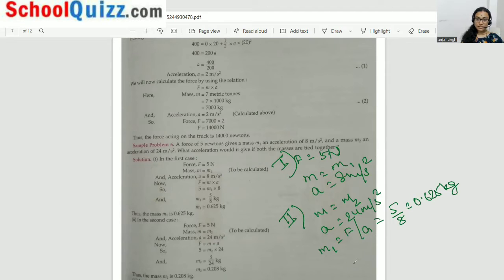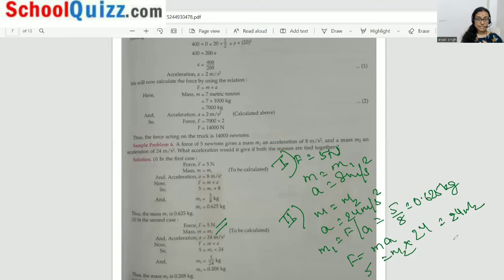Now for the second, F remains the same, 5 Newton. Mass will be m2. So we have to use F is equal to ma, with mass m2 and acceleration also given, that is 24. So 24 m2 equals F, which is 5 Newton.